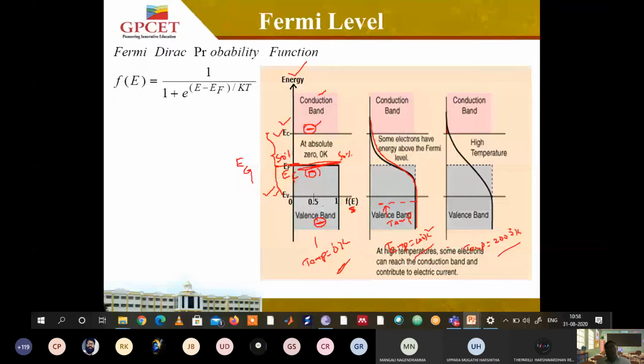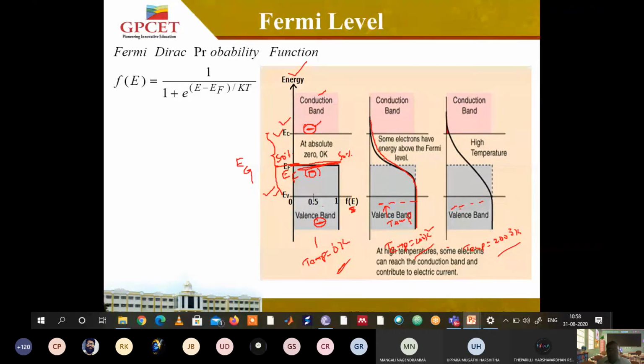If I increase temperature, what happens? All the electrons present in the valence band immediately jump to the conduction band. More electrons will move from the valence band and immediately jump to the conduction band. So at that time, see the curve here.